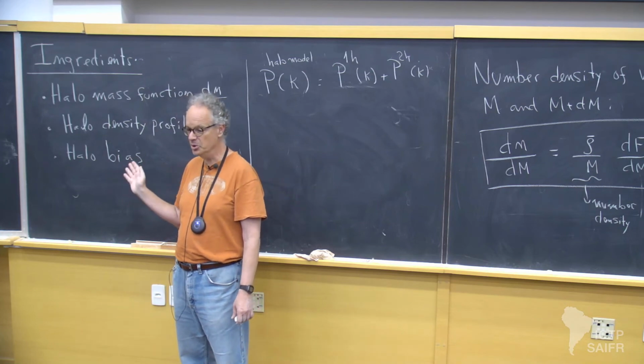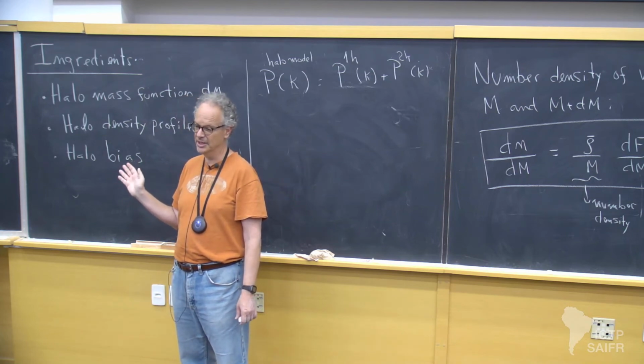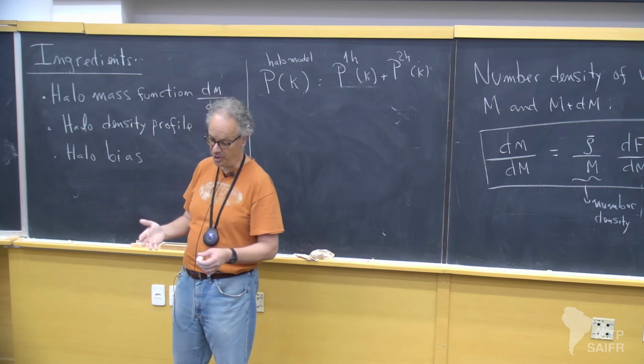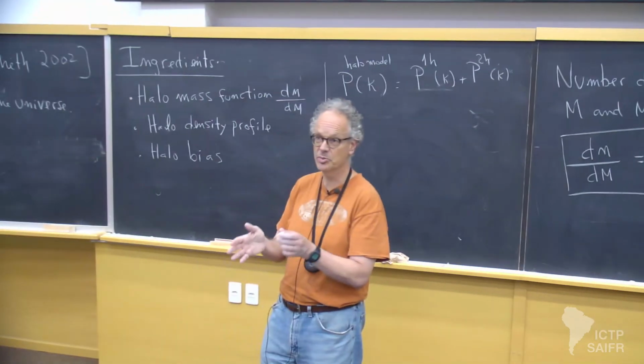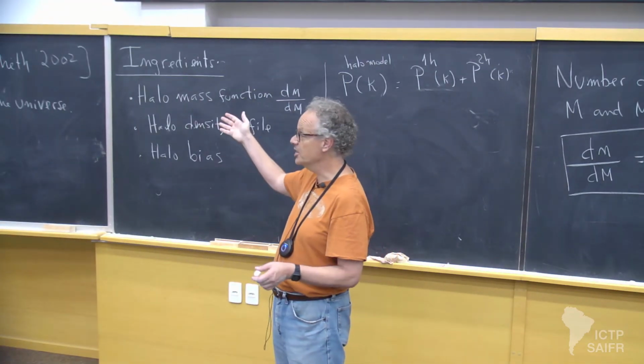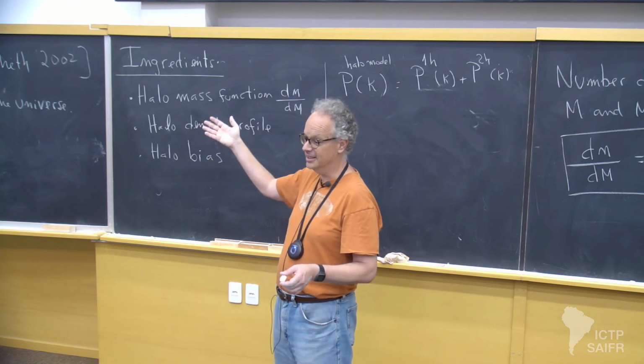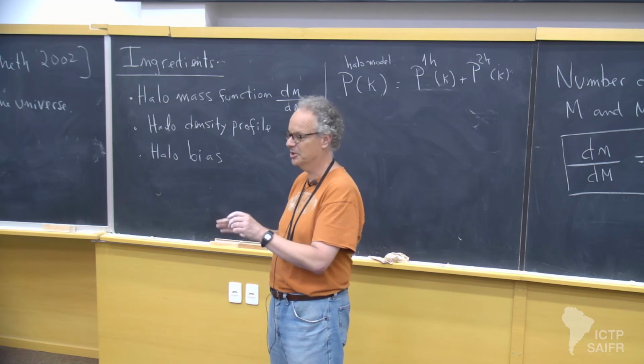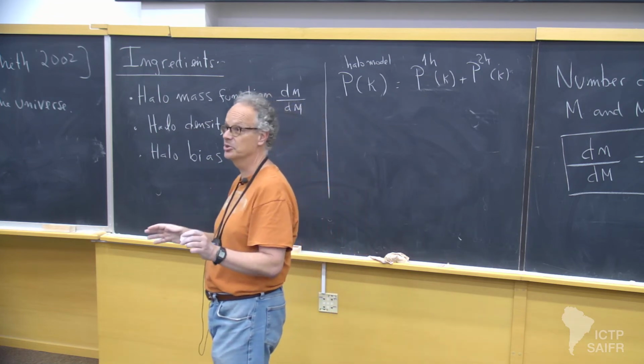It's even being used, for instance, to study the importance of baryons in modeling your data. At small scales, baryons are important, and there are modifications of the halo model that are sufficiently flexible to account for baryons, which is something very difficult to do, right?